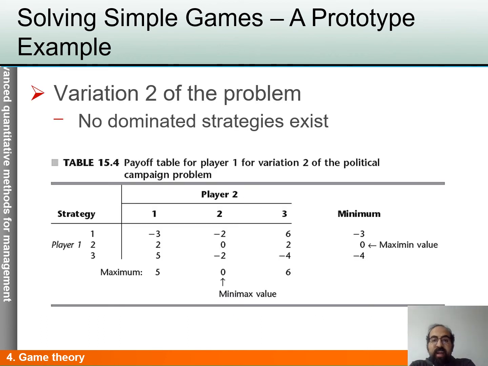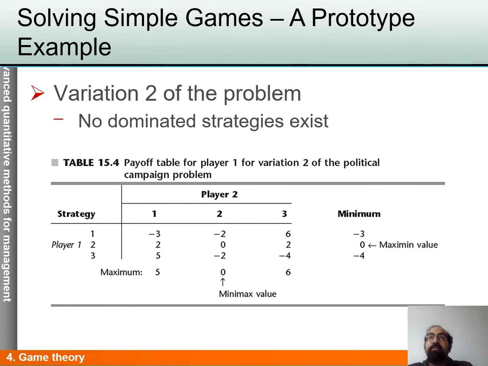The new variation, the new type of example that we see is the variation where there is no dominated strategy. It means that from the point of view of player 1, there is no strategy whose elements are all better than all the elements of the other strategy.